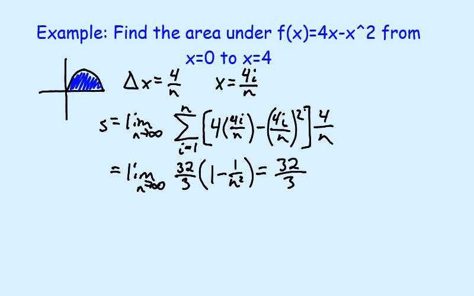Now, using the same definite integral technique that uses the antiderivative from the last example, I'm going to write my integral symbol, making a notation that I'm going from 0 to 4. I write my original function, don't forget the dx, and then I'm going to take the antiderivative of my original function.